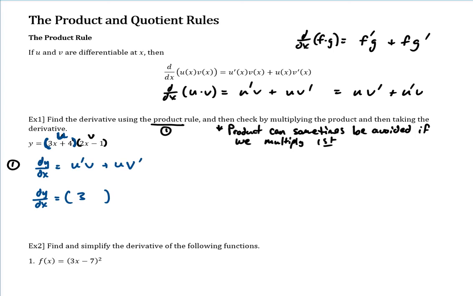The derivative of 4, since it's a constant, would be 0. So there's that, done. And then let me do the v portion in red. So there's my v, which is just 2x minus 1. I just am copying that same thing in the second parentheses. And then we have our plus sign.